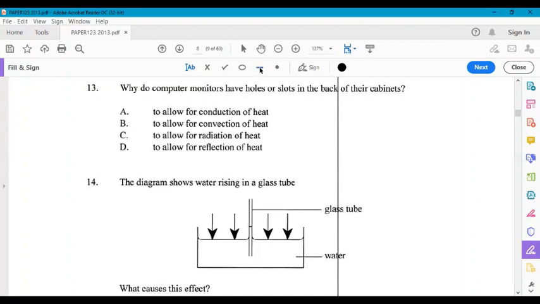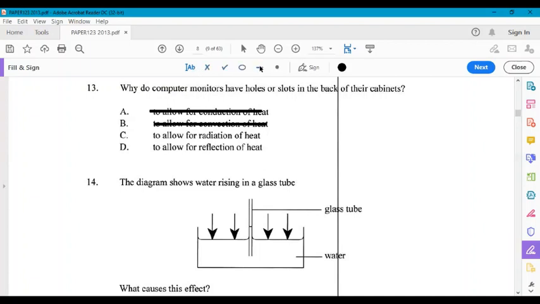That's conduction. So that's not what's happening here. Convection, that's when we have heat moving through a fluid and the entire fluid is moving with it. That's not what's happening here. Reflection of heat, that requires us to have some kind of shiny surface.